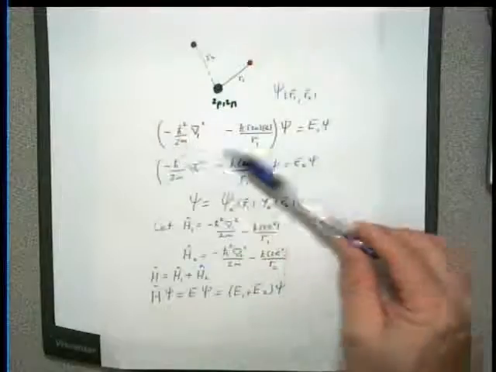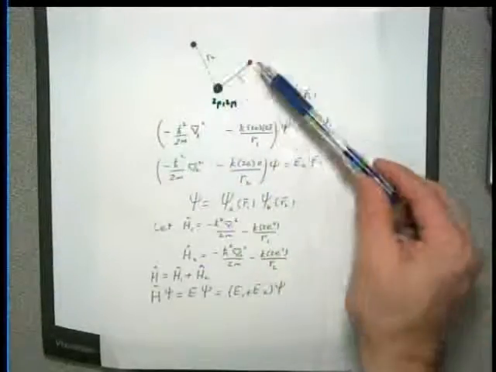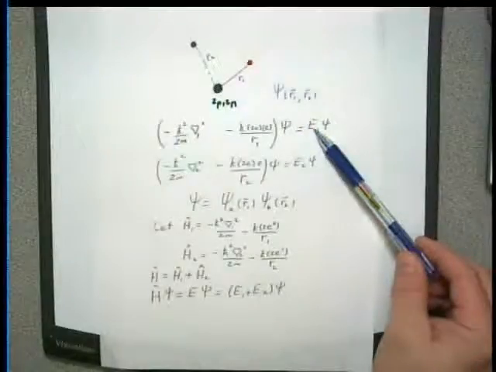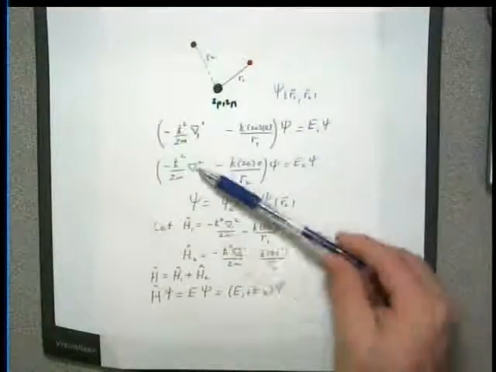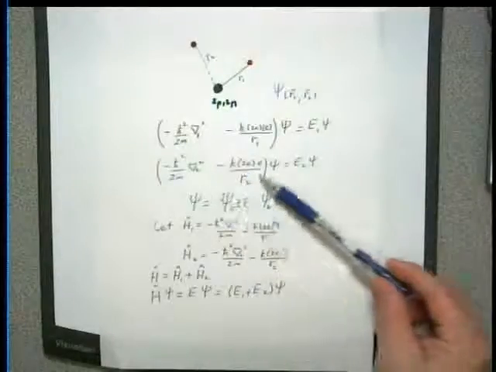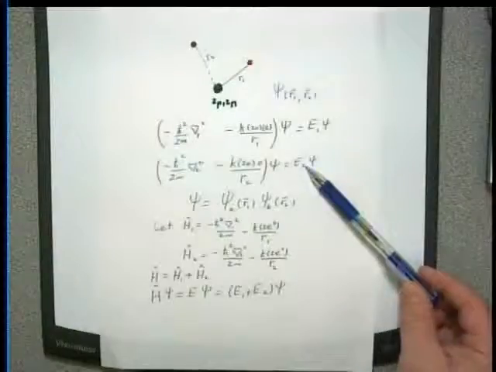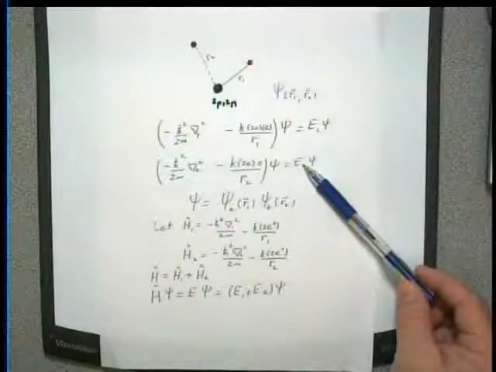So if you applied this Hamiltonian, what you would get would be the energy of this red electron, let's say. On the other hand, if you look at the kinetic energy and the potential, this is for the second electron, so that's the Hamiltonian of the second electron. If you applied the wave function, you should get the energy associated with that second electron.